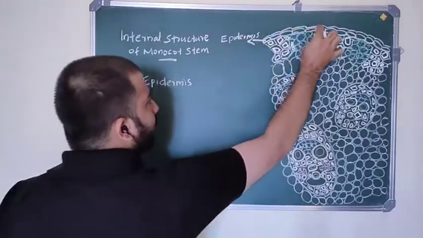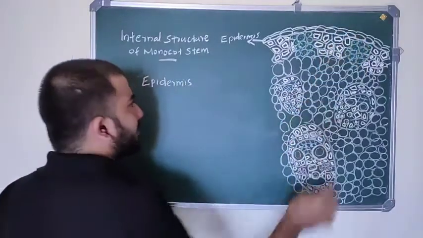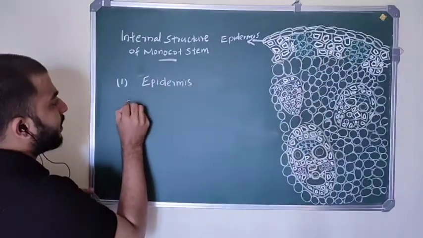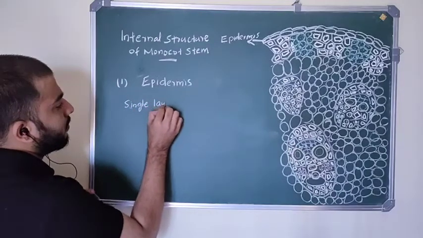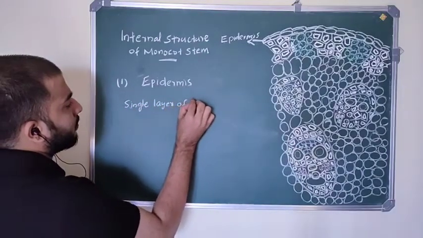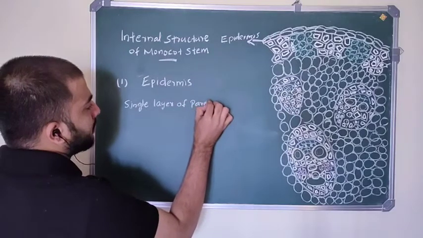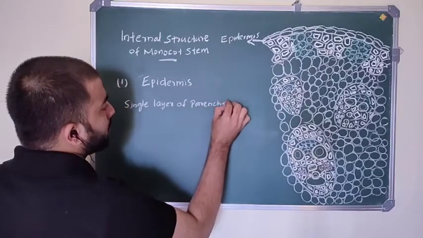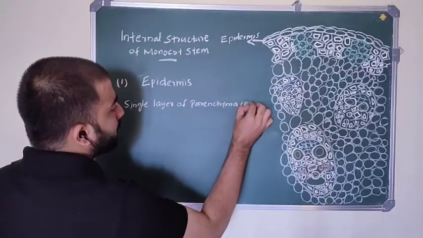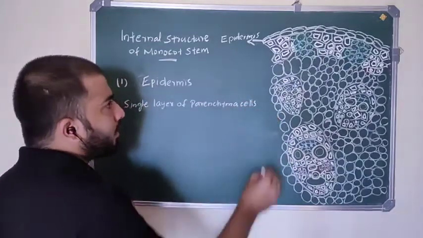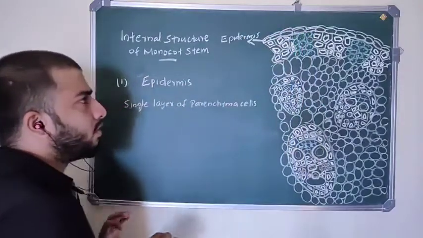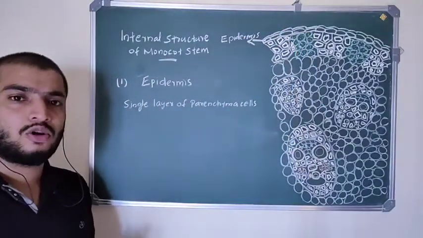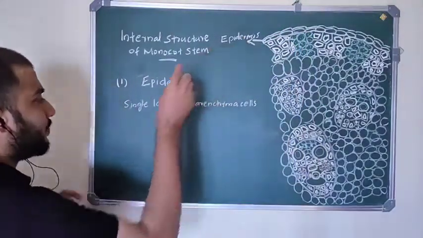Epidermis is made up of a single layer of parenchyma cells. You cannot see multicellular hairs or epidermal hairs on this epidermis.